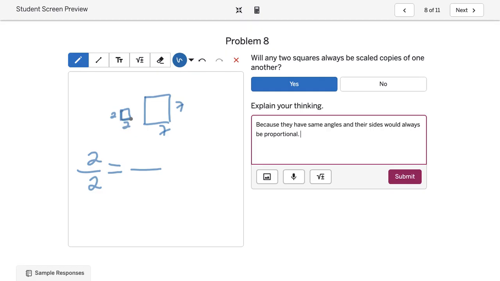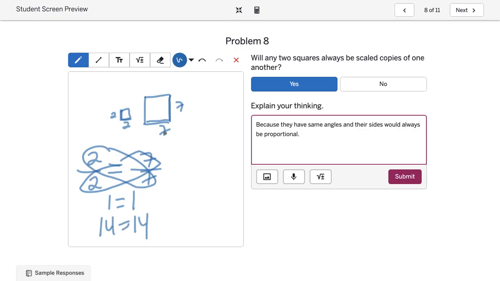So we chose this side and this side, which corresponds to this and this. Now, what's 2 over 2? 1. What's 7 over 7? 1. Are the ratios the same? Yes, they are. If you want to cross multiply, that's another way to check if they're proportional. 2 times 7 is 14, and 2 times 7 is 14. So no matter what number you use for the side of the square, it would always work.